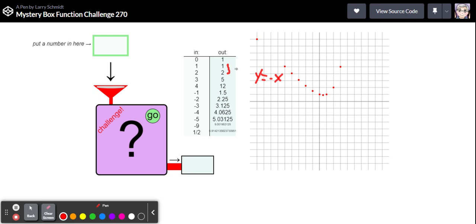There's a difference of 1, there's a difference of 3, there's a difference of 7, and that's a difference of 2, and that's a difference of 4, and that's a difference of 2 again. That's the kind of pattern of differences you'd get if this was an exponential. And an exponential based on the power of 2.